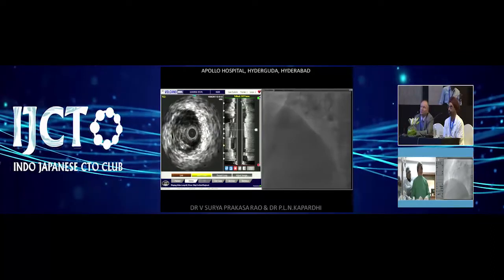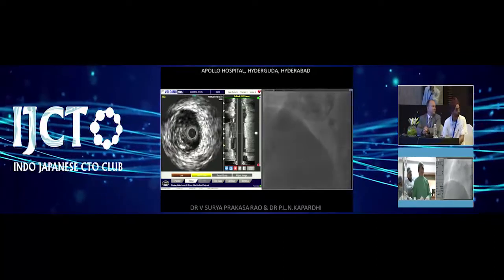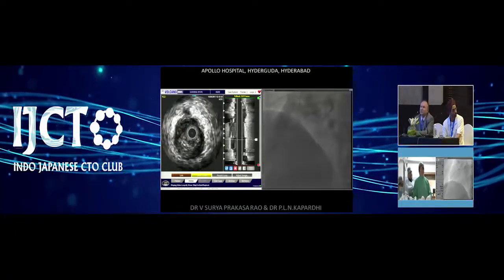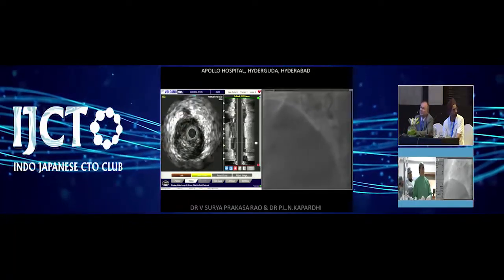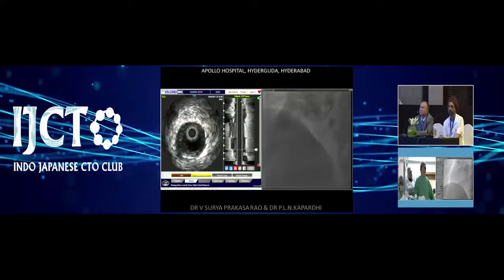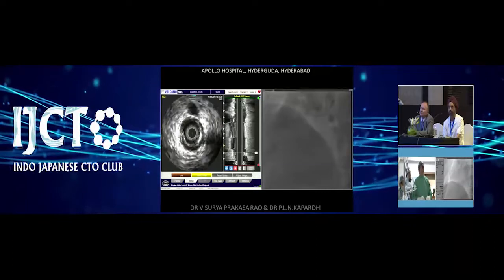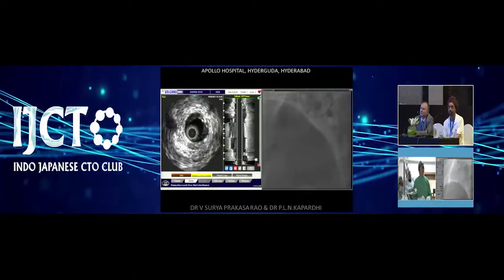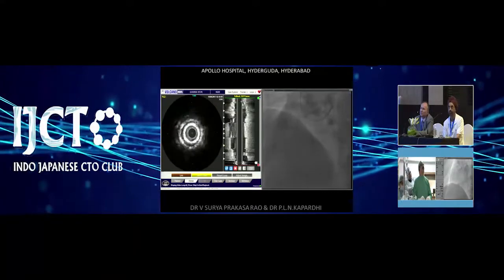Surya, this is Kirti. This image that you're showing on the IVUS, it looks to me like an intramural hematoma. And so if you try to expand it too much, sometimes it will shift. So are you worried about it?